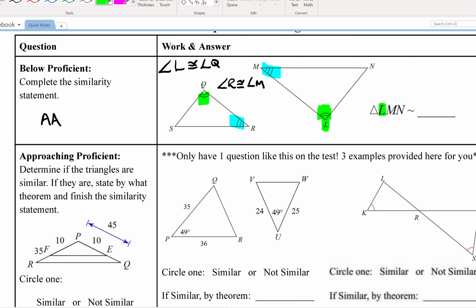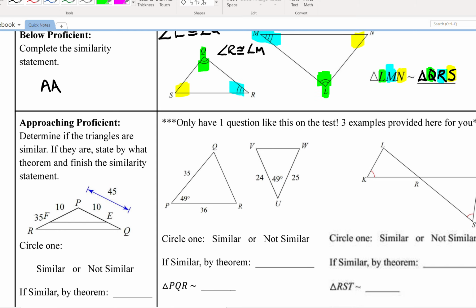That L has to correspond to Q, so your next triangle you list here has to be triangle Q. Because it went from L to M, we've got to go from Q to R. And then the only one left is S, so N would be congruent to S, and we can see that plays out here as well.